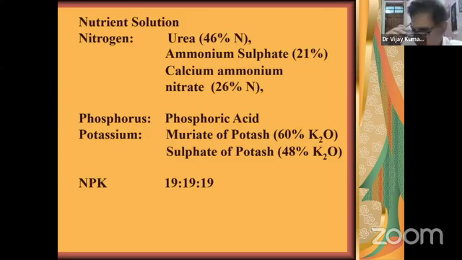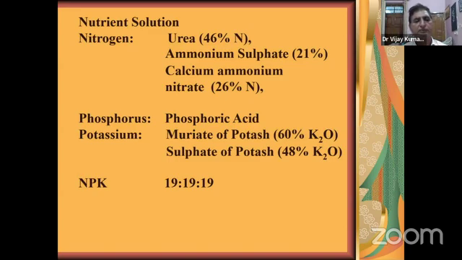When you are going for application of the nutrient through the water, you have to take care which salt is to be taken for a particular nutrient, and then you have to decide the exact concentration.